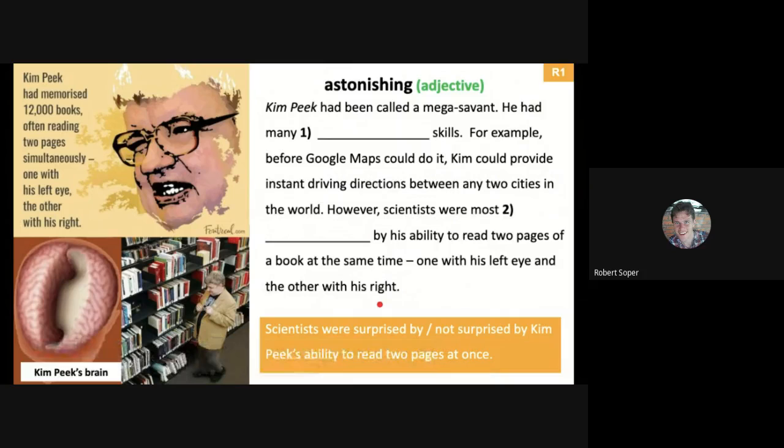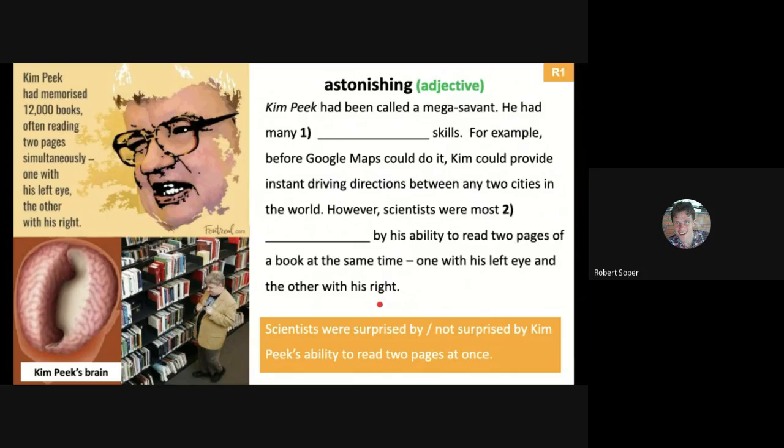Okay, now that we've done that, let's look at this exercise in the orange box. So, scientists were surprised by Kim Peek's ability to read 2 pages at once, or scientists were not surprised by Kim Peek's ability to read 2 pages at once.